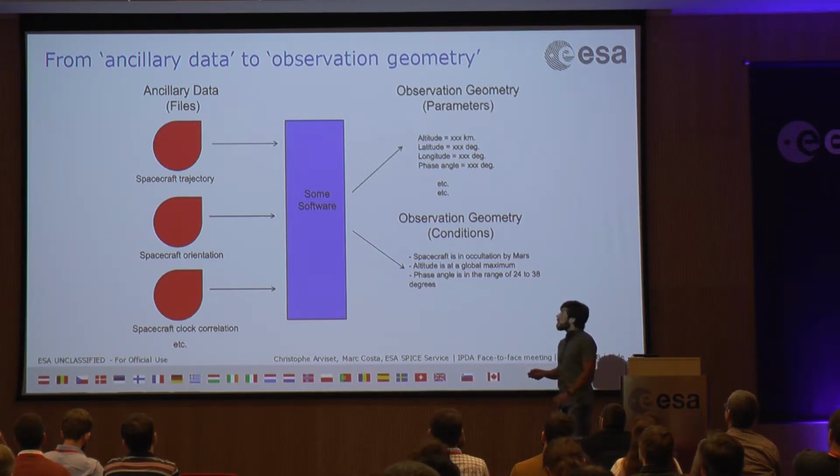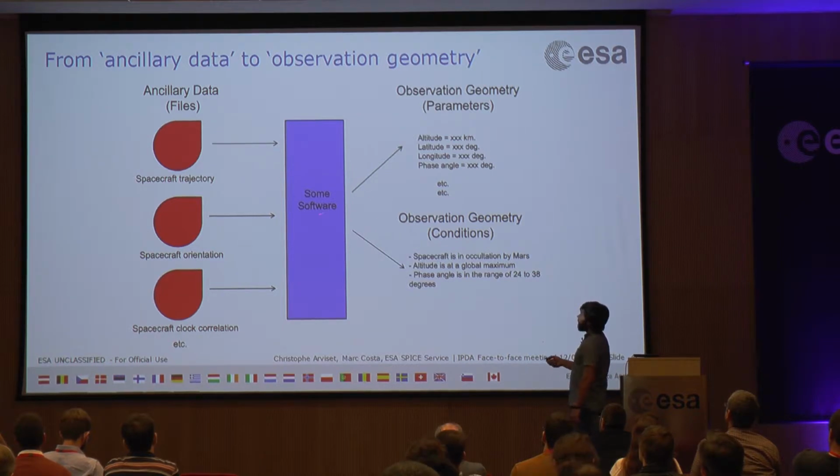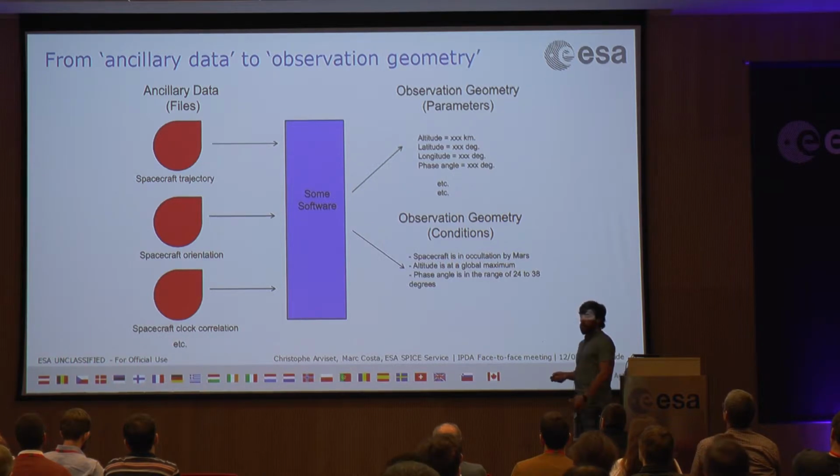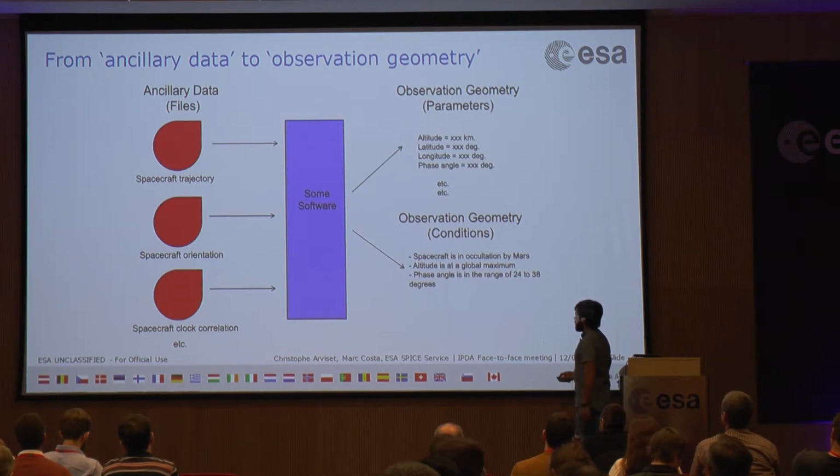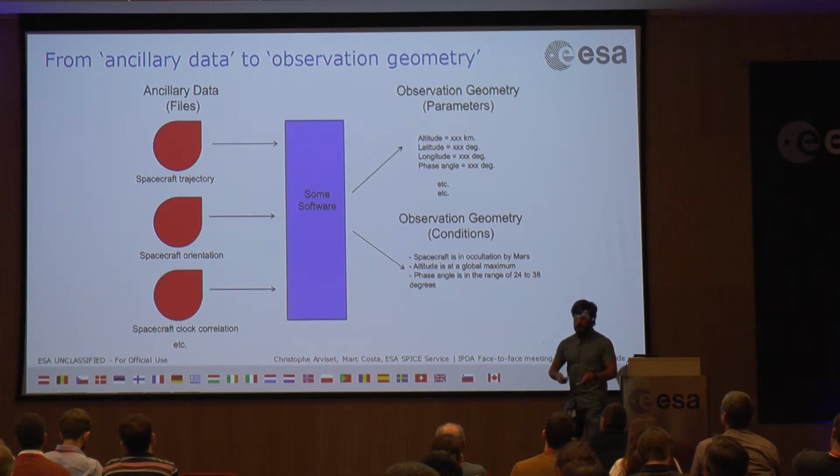Then we have some software, and what we obtain from it is observation geometry in the shape of parameters: altitude, longitude, latitude, phase angle, whatever, and also conditions for our observations. So is the spacecraft in occultation by Mars in my field? Is the altitude at the global maximum? How far am I from this other element in the constellation? Am I seeing it? Is the phase angle in the range of whatever?